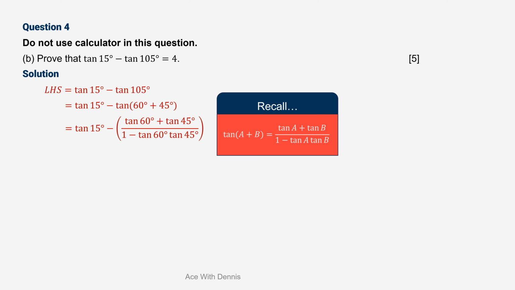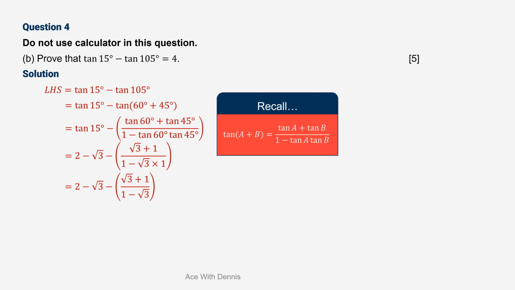So as we know that tan 60° is √3, tan 45° is 1. Hence, this becomes 2 minus √3, where tan 15° we got from the previous question, then minus (√3 plus 1) over (1 minus √3 times 1). So simplify, we have 2 minus √3 minus (√3 plus 1) over (1 minus √3).